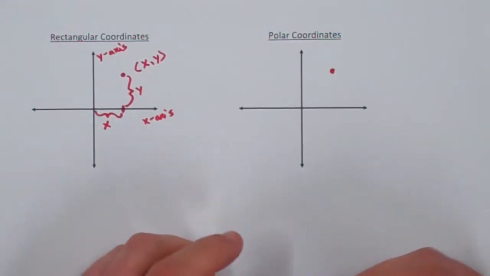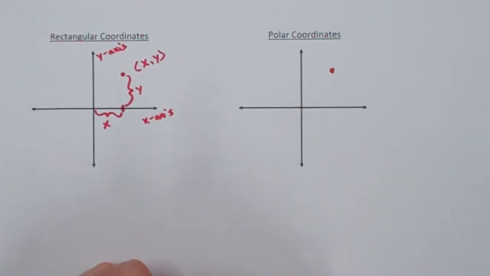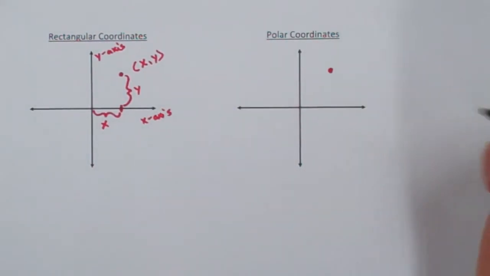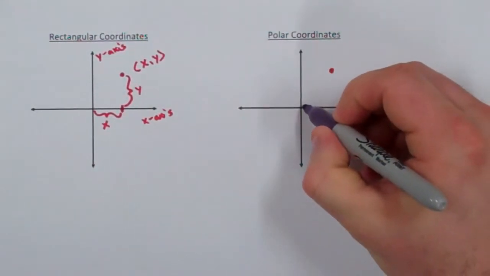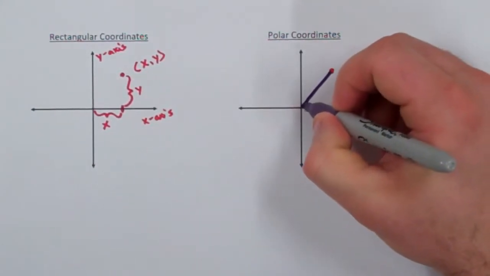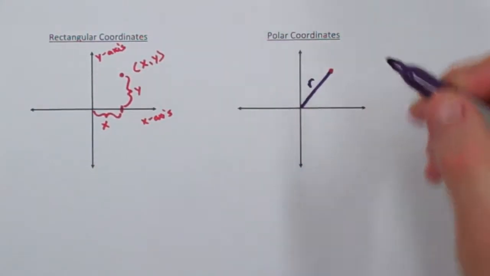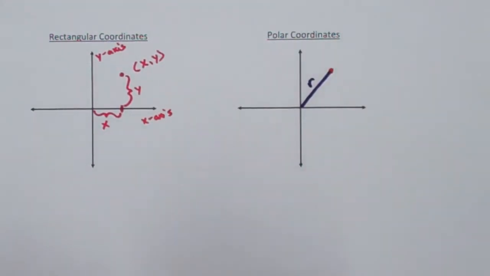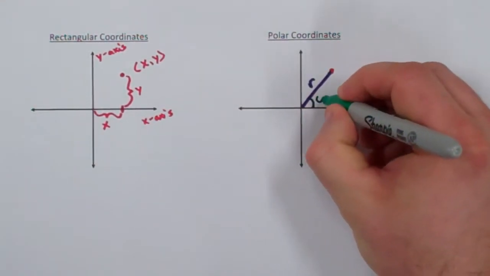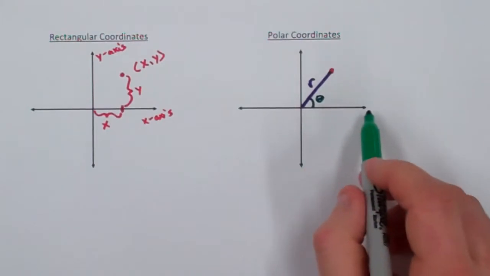With polar coordinates, instead of x, y, left, right, up and down, we can describe the location of this point with a distance from the origin known as r, and also the angle from the positive x-axis.